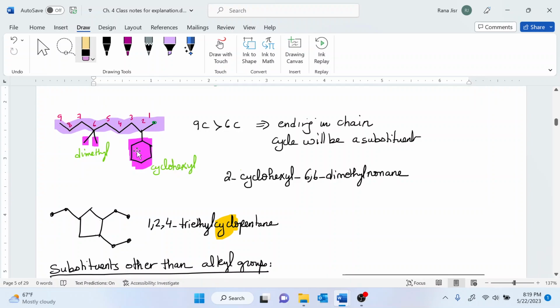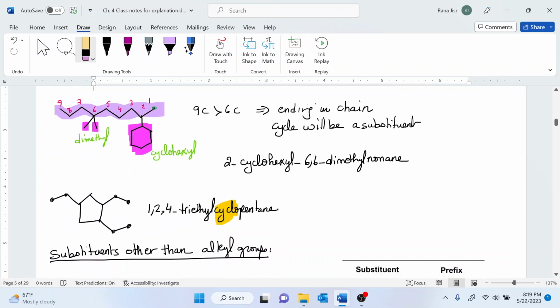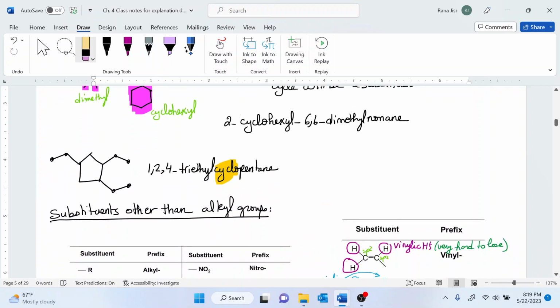And the cycle is going to be a substituent. You're going to give it the lowest number because it's closer to one end of the chain, and you name the rest of the substituents. Here, you're going to give your substituents the lowest number possible or the lowest sum of numbers. It's both the same. So you can start numbering.